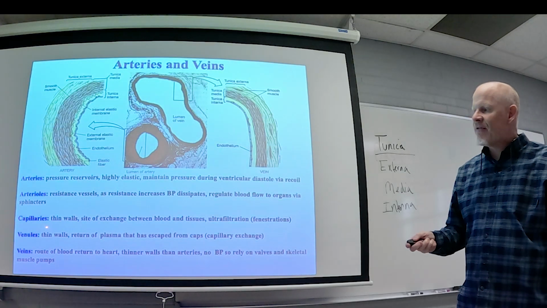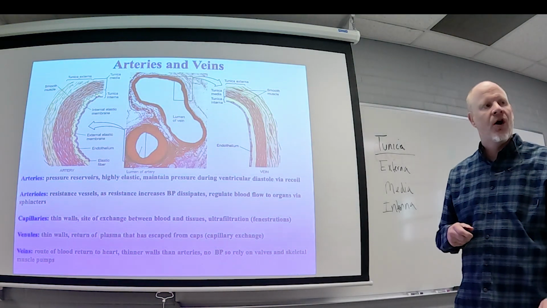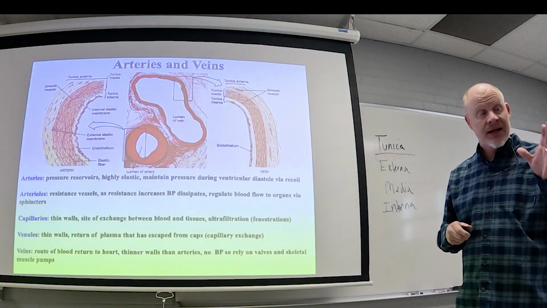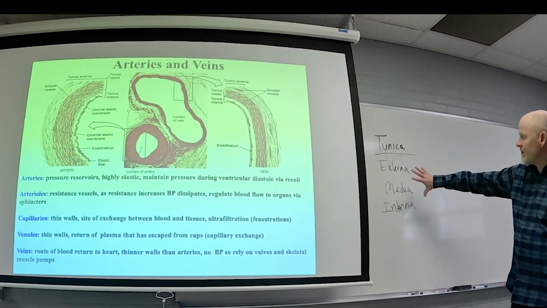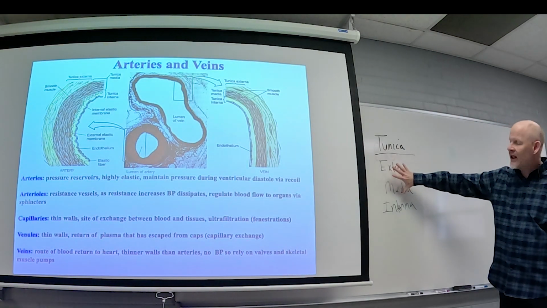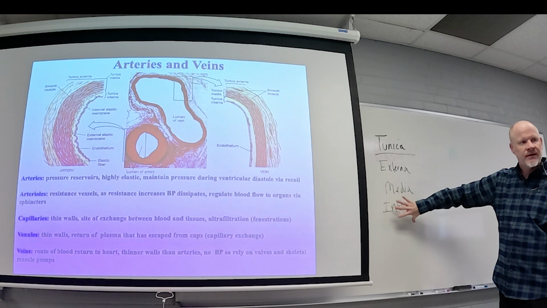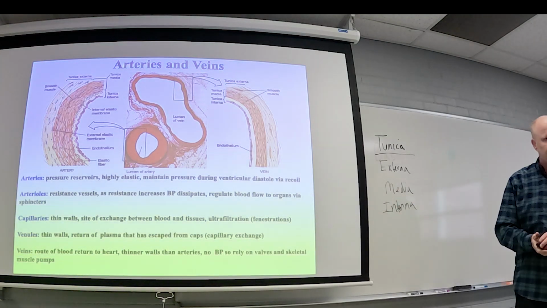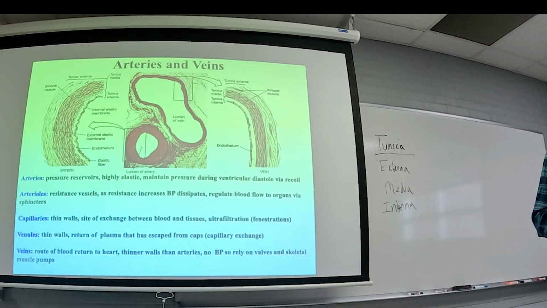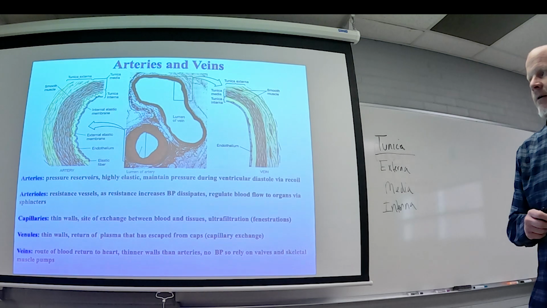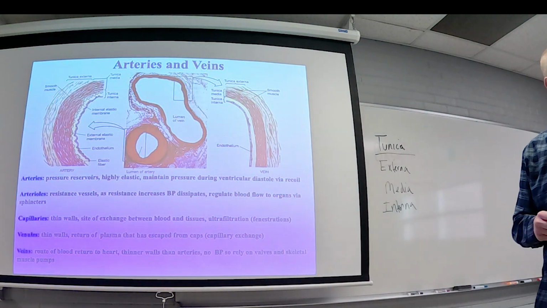Capillaries have the thinnest walls. They're only interna. So you remove these two layers, and you only have the interna. All right, you only have the endothelium and its connective tissue. And if you think about that, that makes a lot of sense.